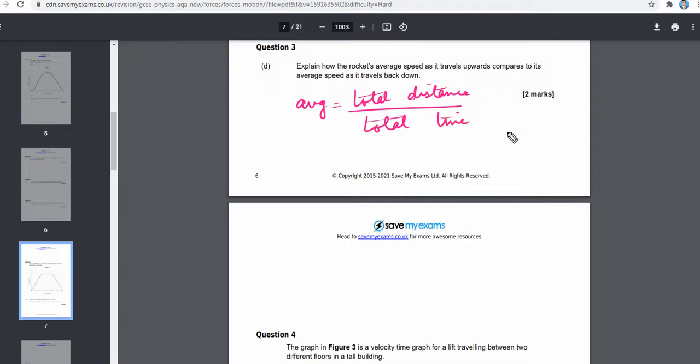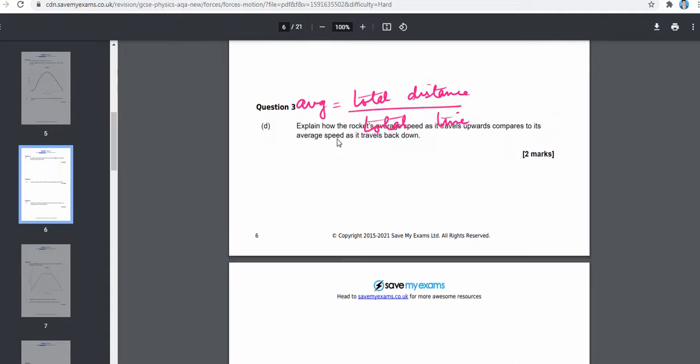When the toy went up, it covered some height in some time, and when it came down, it covered some height in some time. So we will find out the average speed in going up and coming back. So I think it's the same.